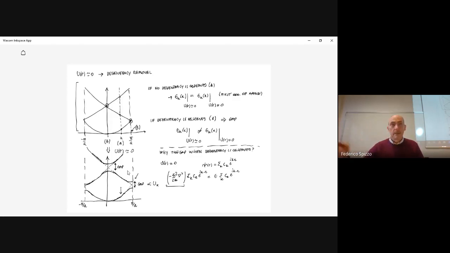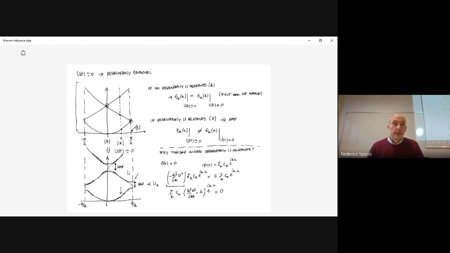I may take the term that I have on the right side to the left side, and what I obtain is a sum over k of c_k times this expression, so I have this equation.